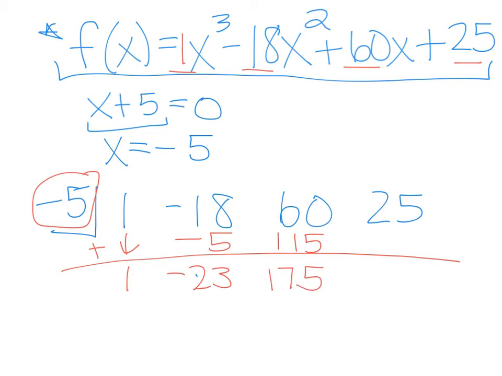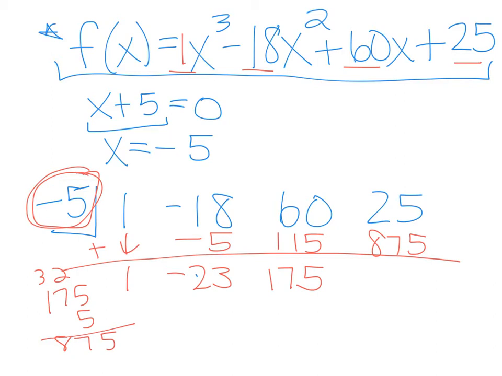And if I multiply 175 times my divisor of negative 5, let's see, that gives me 175 times 5: 25, carry the 2, 35, plus 2 is 37, carry the 3, 5 times 1 plus 3 is 8. So I get 875 here.